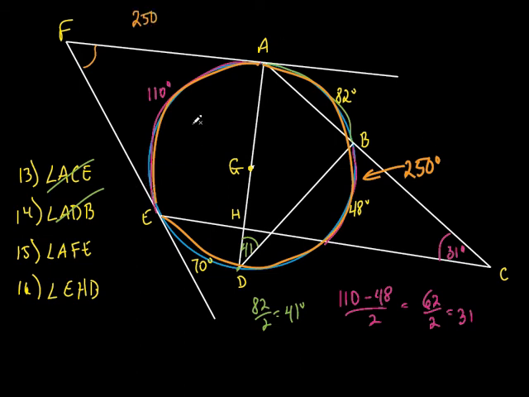And how did we get 250? This was 110. We already knew that from earlier, so 360 minus 110 is that whole thing. So we take that big arc, which is 250, minus this smaller arc, which is 110, and then divide by 2. 250 minus 110 is 140, divided by 2 is 70 degrees. So that angle right there is 70 degrees.